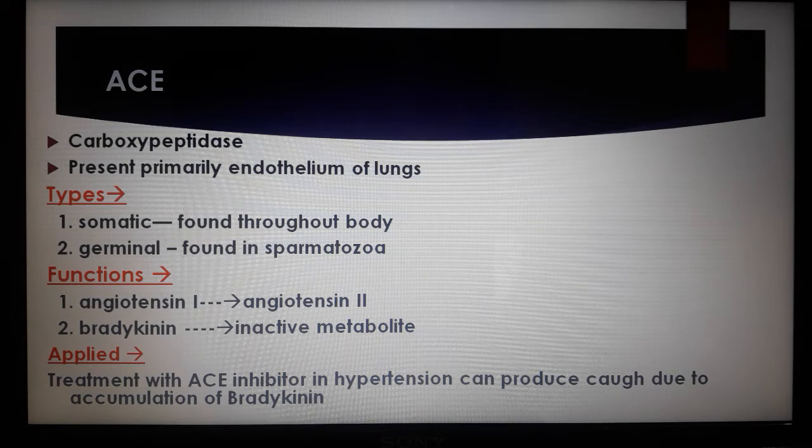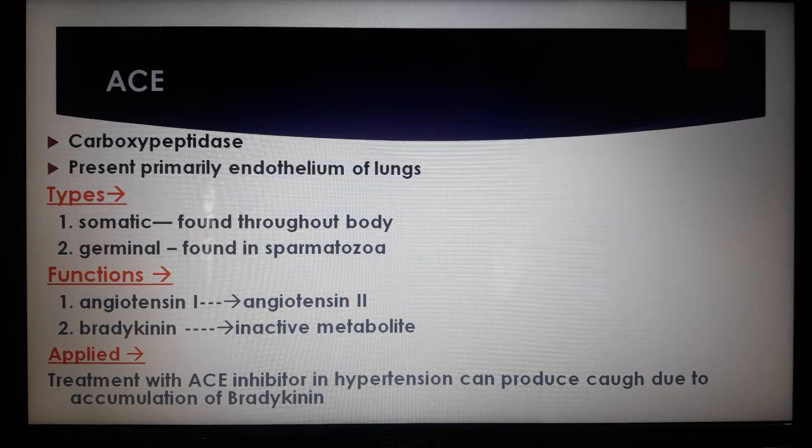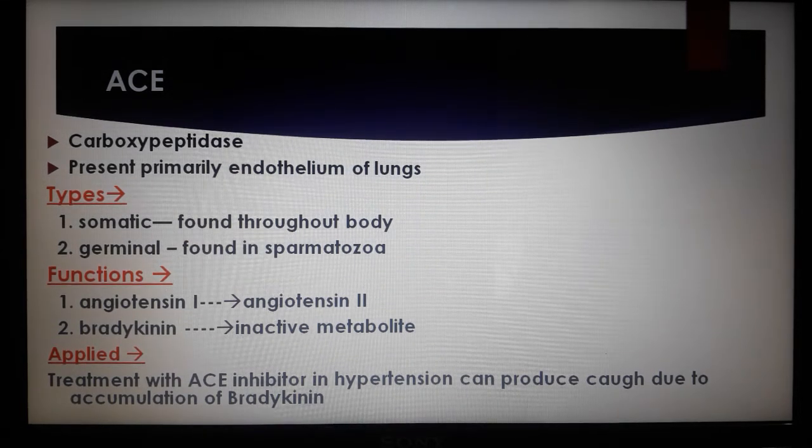Number 1 function is converting angiotensin 1 to angiotensin 2, and the same enzyme also converts bradykinin to an inactive metabolite. So what is the applied aspect? During treatment with ACE inhibitor for hypertension, BP decreases, but it causes accumulation of bradykinin in our body.